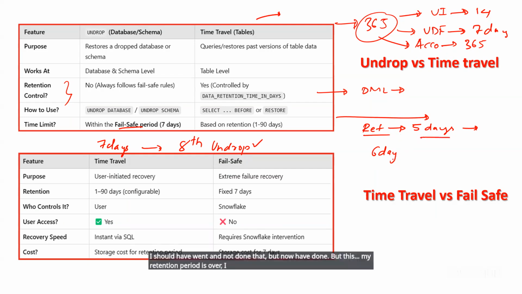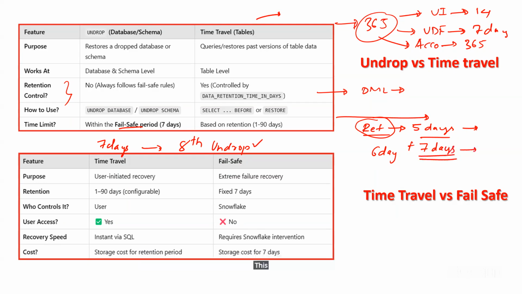You will not be able to access it. At that time Snowflake says, don't worry. Once you have defined any retention period, this was your 5 days, I will give you an extra 7 days. For this extra 7 days, I will keep all the information in the backend.